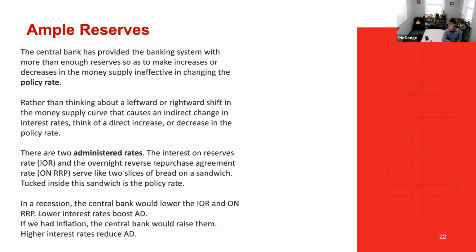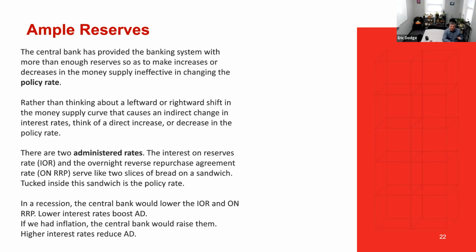In the US, that's pretty much the federal funds rate. But again, remember, this is an international exam. Any nation would have, if it has ample reserves, its own policy rate. So rather than thinking about that long chain of events that begins with a shift of money supply left or right, we're going to think about a very direct change to the policy rate.